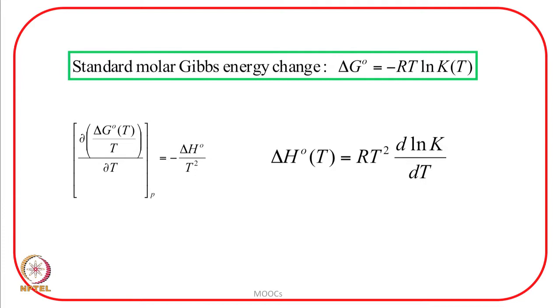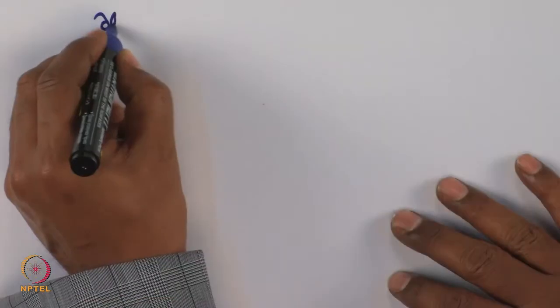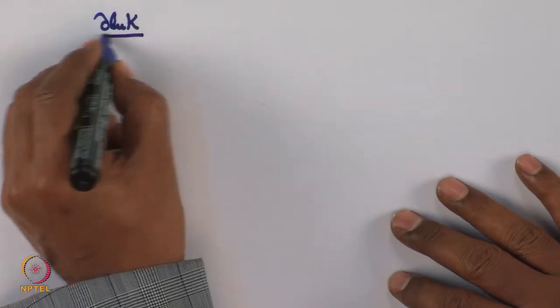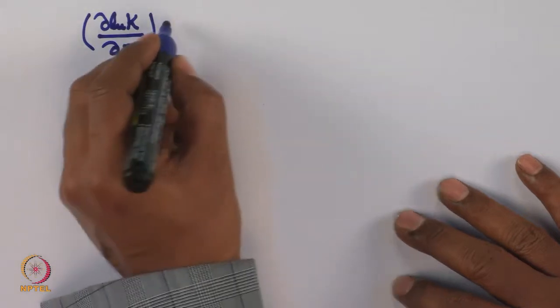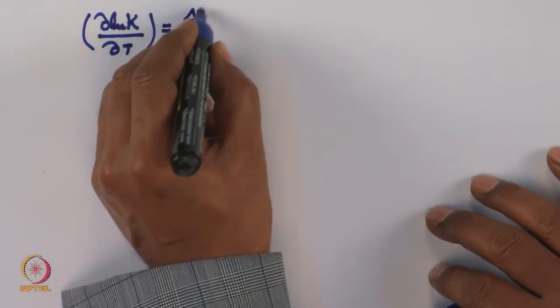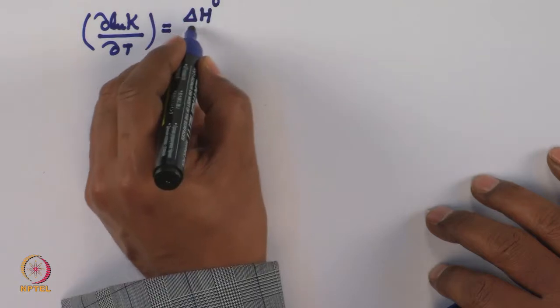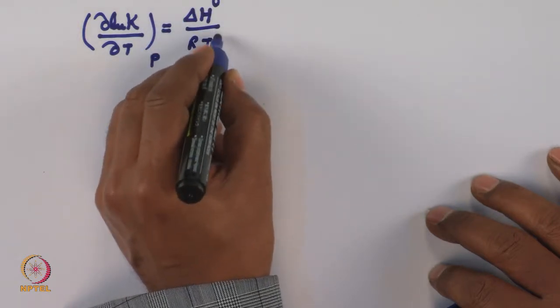According to the Van't Hoff equation, d log K by dT at constant pressure is equal to delta H naught by R T square.